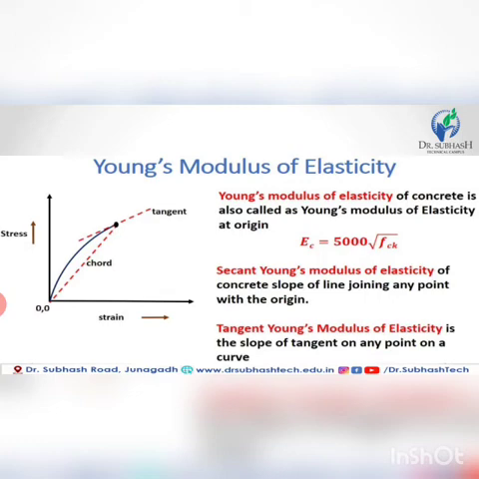Second, Young modulus of elasticity of concrete is the slope of the line joining any point with the origin. Tangent Young modulus of elasticity is the slope of the tangent at any point on the curve.